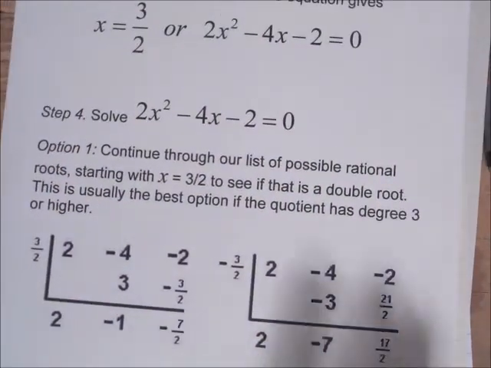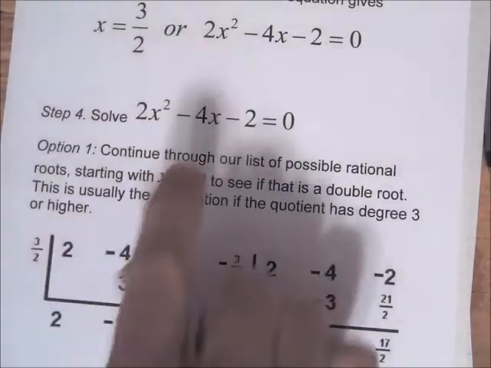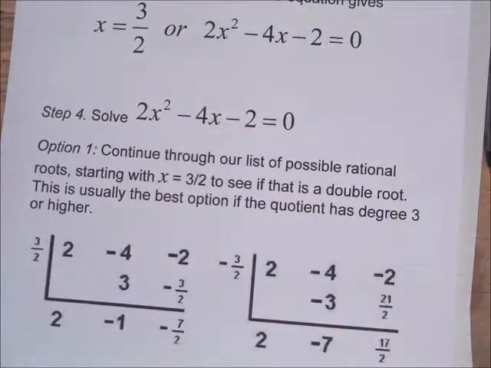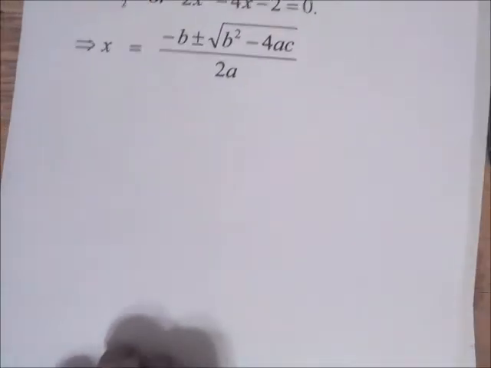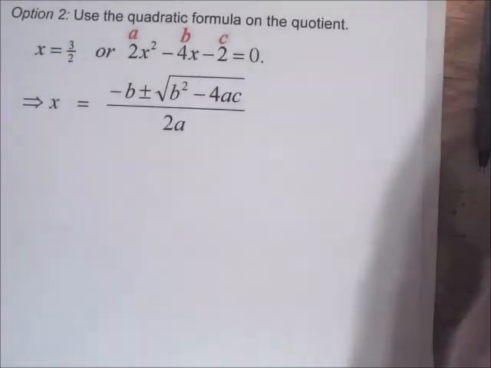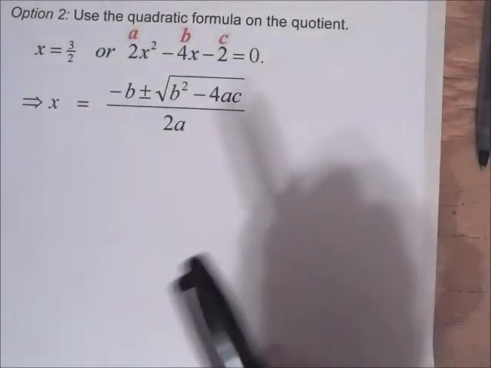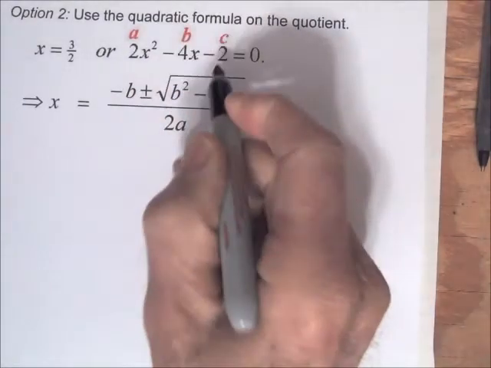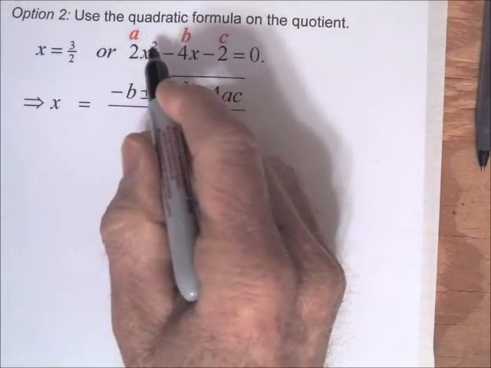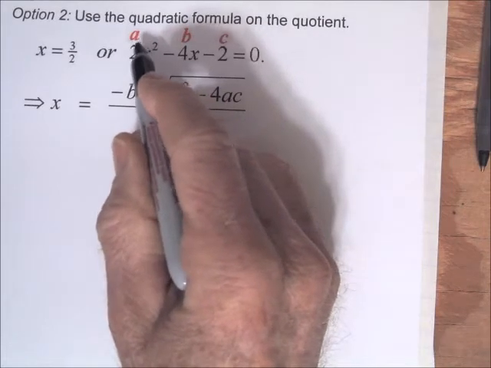We can try doing synthetic division on this again, but this one doesn't have any rational roots. So we go to the quadratic formula and plug in the numbers. We want to identify a, b, and c.